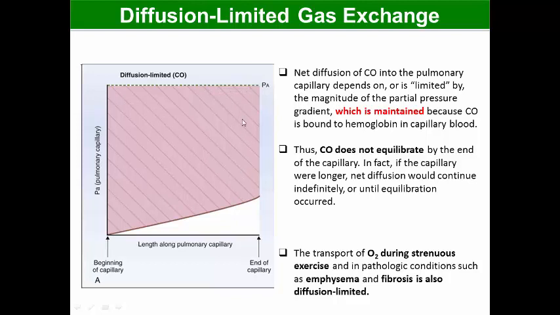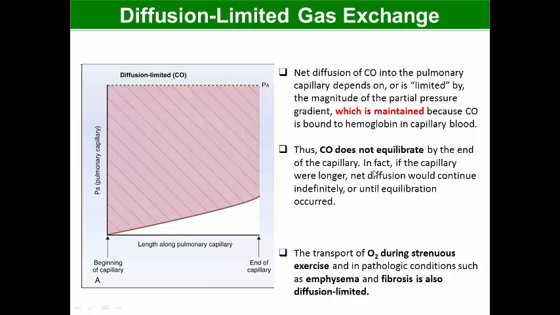So you can see here that the partial pressure of the gas in the blood in the pulmonary capillaries, even by the end of the pulmonary capillaries, doesn't reach the partial pressure of the gas in the alveolar air. So there is always a pressure gradient for this gas. And an example of this gas is carbon monoxide. So carbon monoxide doesn't equilibrate by the end of the pulmonary capillaries.